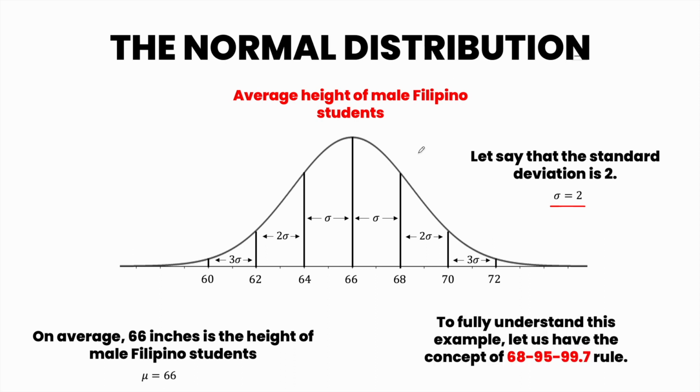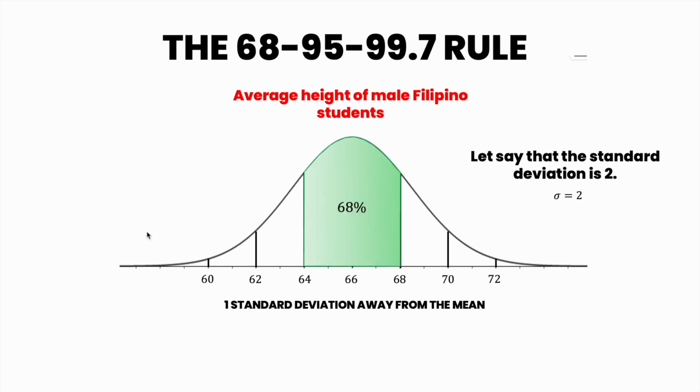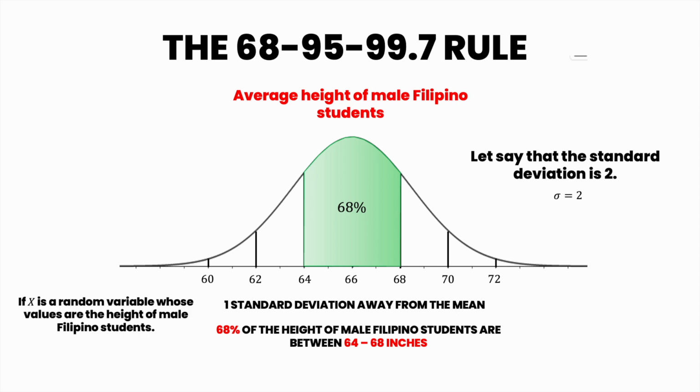Now, to fully understand this example, let us have the concept of the 68, 95, 99.7 rule. This is the 68, 95, 99.7 rule. Let us start from 1 standard deviation away from the mean. So that is 68%. That means 68% of the heights of male Filipino students are between 64 and 68 inches.